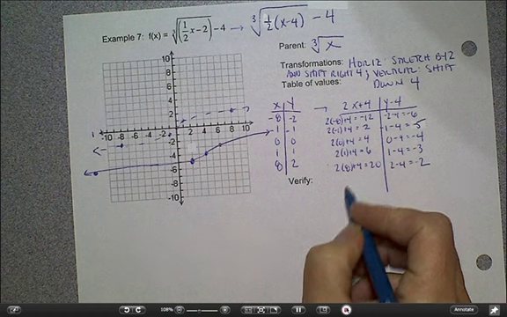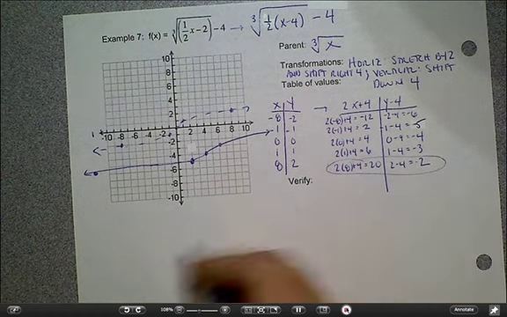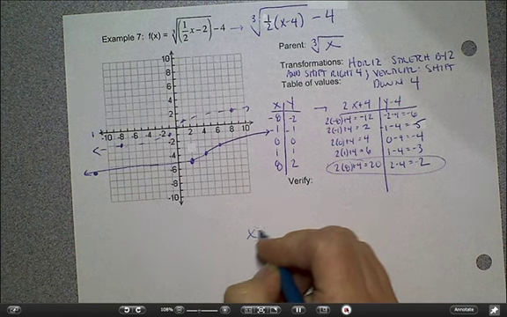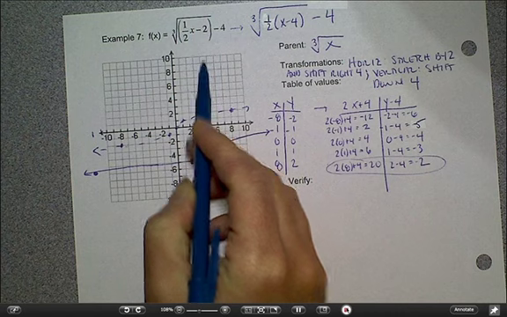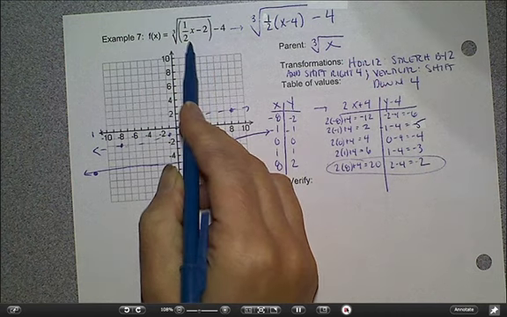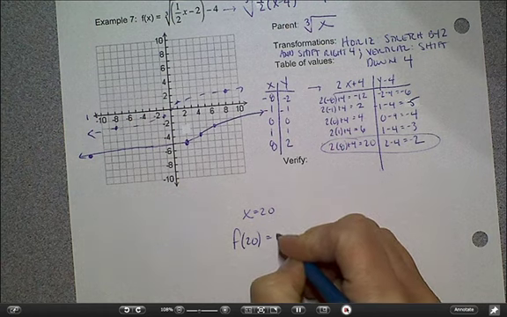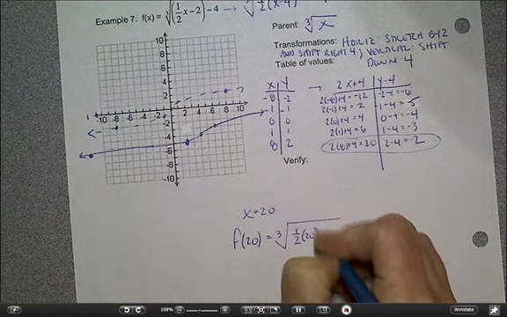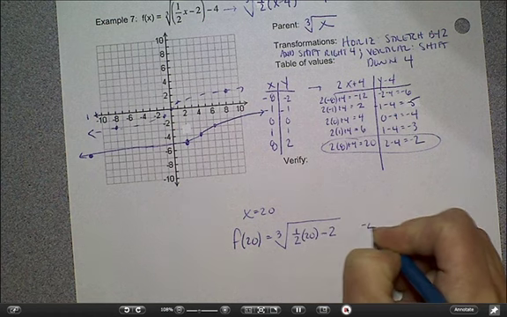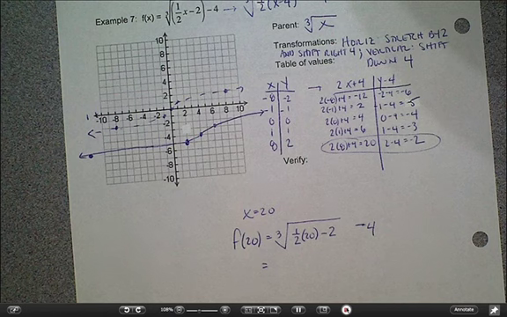So I'm going to pick a value now to go verify. So I'm going to go plug in 20. As I verify, I'm going to go back into my original function, because if I want to catch any mistakes I made, I'm going to go back into the original. So I'm going to take the cube root of 1/2 times 20 minus 2, and then subtract 4. It's a really far away minus 4, but it's happening after the cube root.